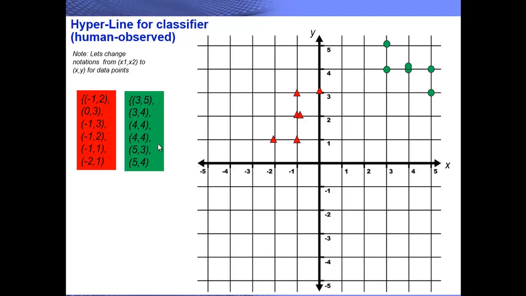With respect to these two sets of data, we are going to find the hyperplane, or hyperline, which will be able to separate one class from the other class and vice versa.